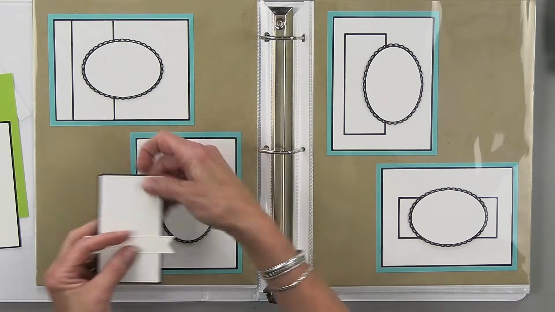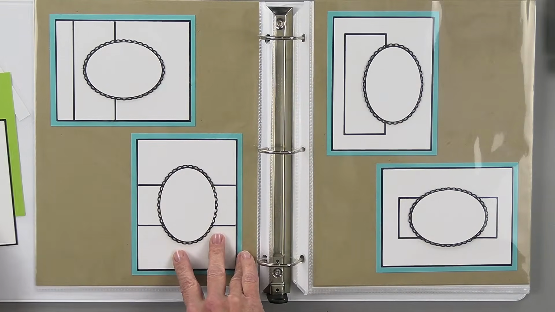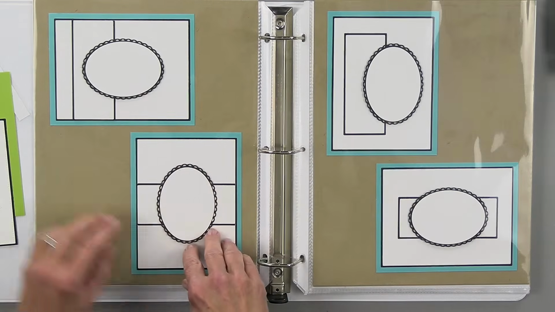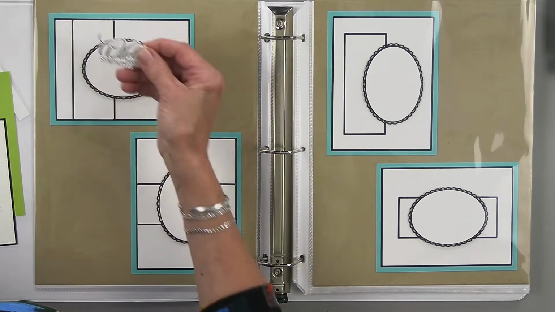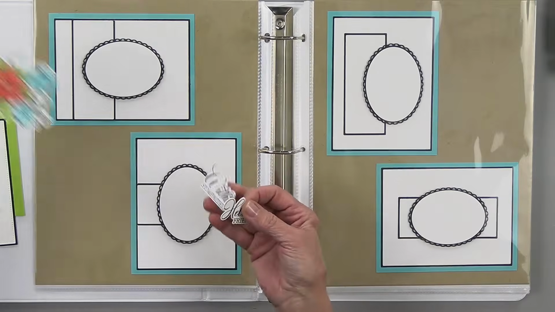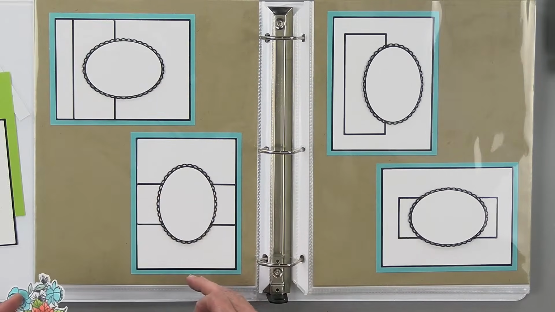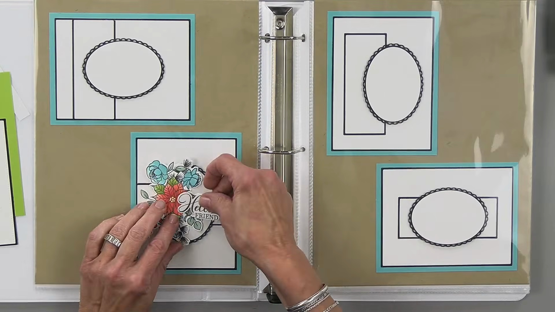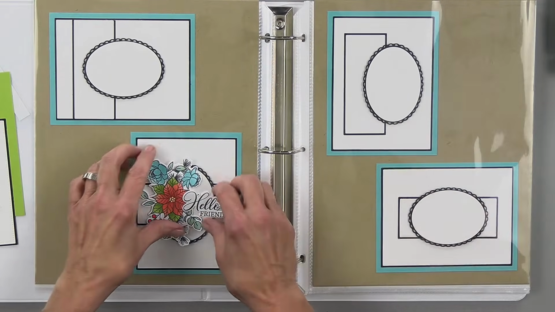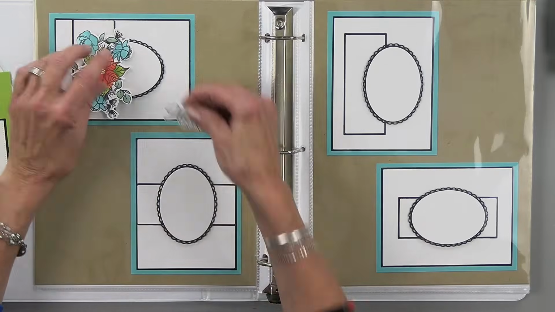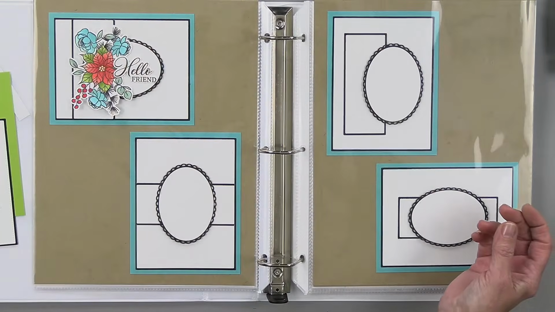Now, if you don't want to use your Try Me pieces for this, these Try Me pieces were designed so that once you have things cut out, like for example, some flowers and some greetings, you can see how something's going to look. You could say, oh, I like it this way. No, I don't like that so much. Let me see what it looks like this way. Okay, I like that better.